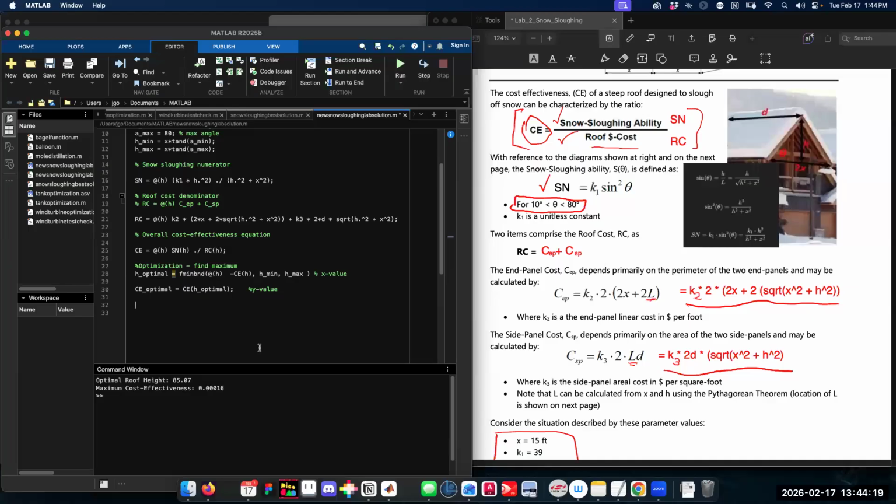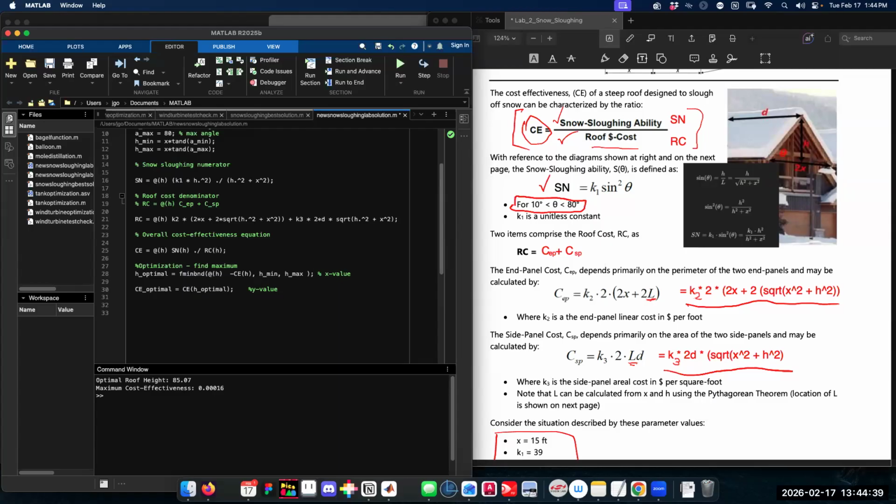The optimization code says this number, which we're calling H optimal, is going to be one number, and the output of the function will give you the maximum number from our function. So H optimal will just be one number, which is the max x value.